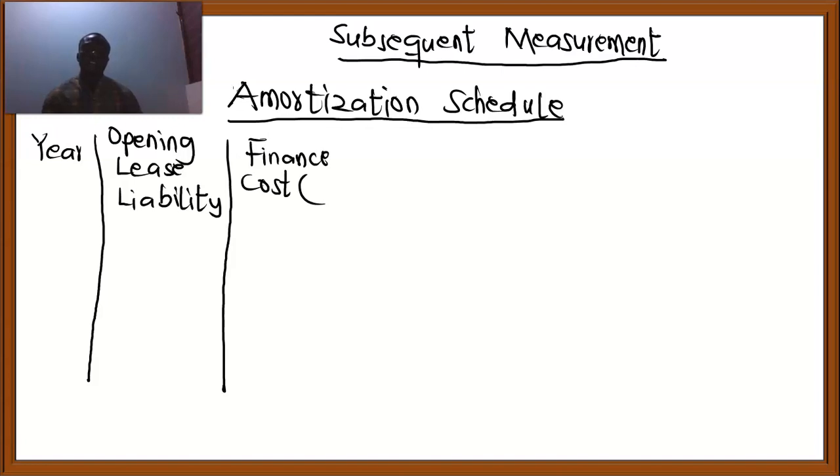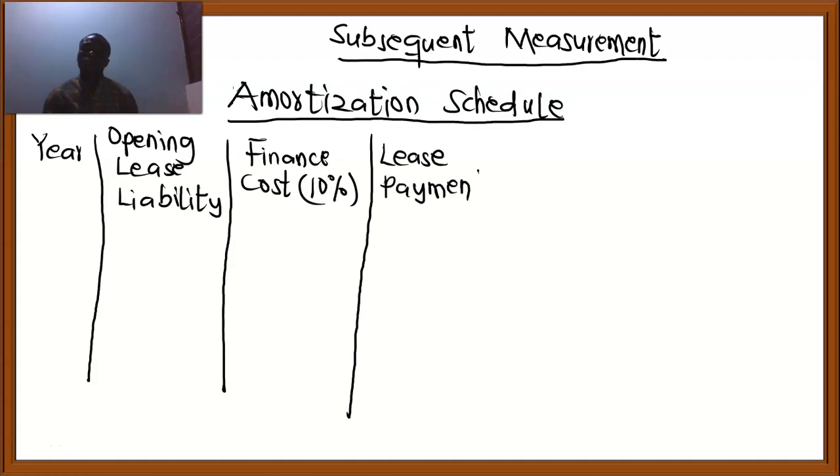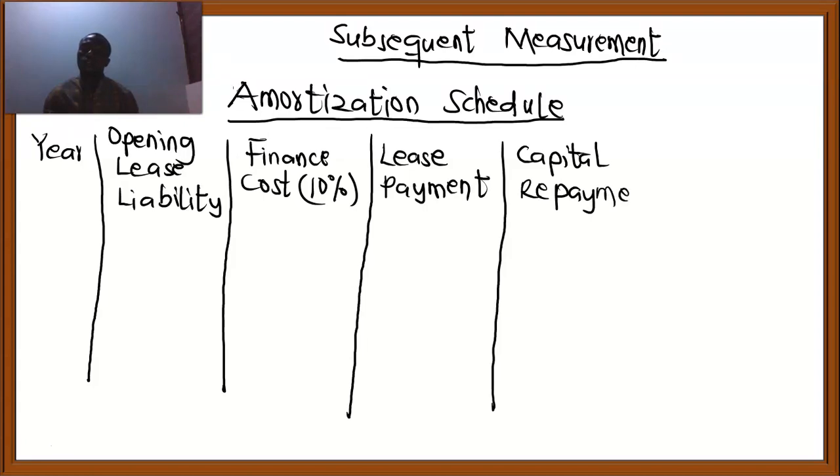We are going to calculate that based on the interest rate implicit in the lease of 10%. Then we have our lease payments. We also have capital repayments. And finally, the closing lease liability.